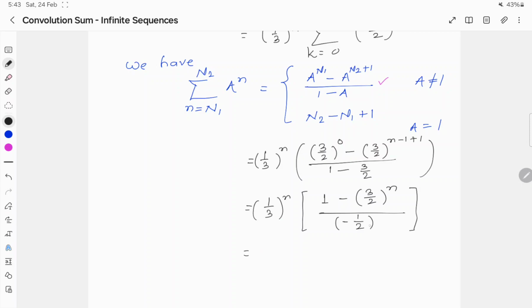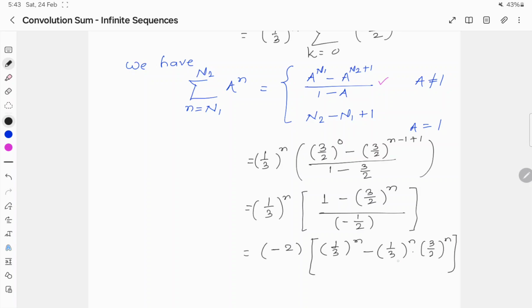Now take this denominator out, so it becomes minus 2 into, so if I multiply this 1 by 3 raised to n inside, so I'll get 1 by 3 raised to n minus 1 by 3 raised to n into 3 by 2 raised to n.